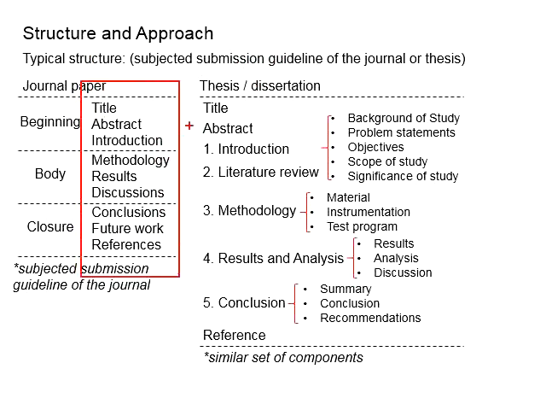Basically, the contents are more or less similar, only that the journal paper is more concise, focusing only on the significant information due to the limited number of pages allowed by typical journals, as compared to the thesis, which you may discuss in a more detailed manner.